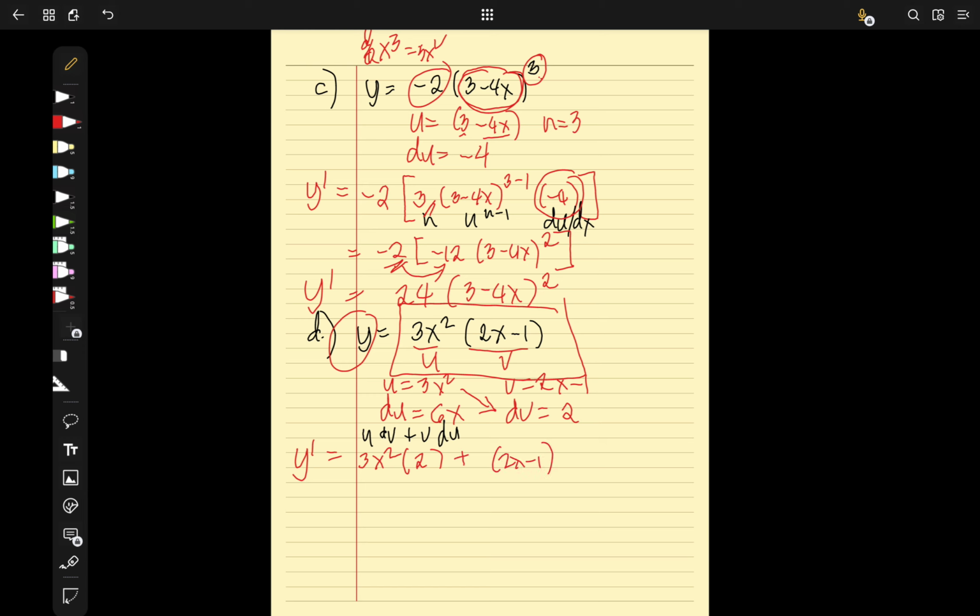So, simplify, we will have 6x squared plus, 6x times 2x is 12x squared. 6x times negative 1 is negative 6x. So, we can now have 6x squared plus 12x squared is 18x squared minus 6x. And that is your y prime.